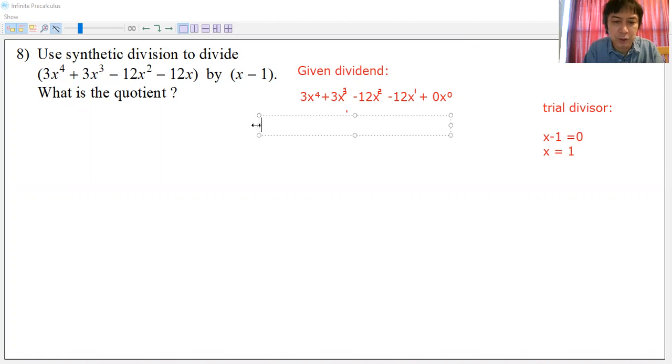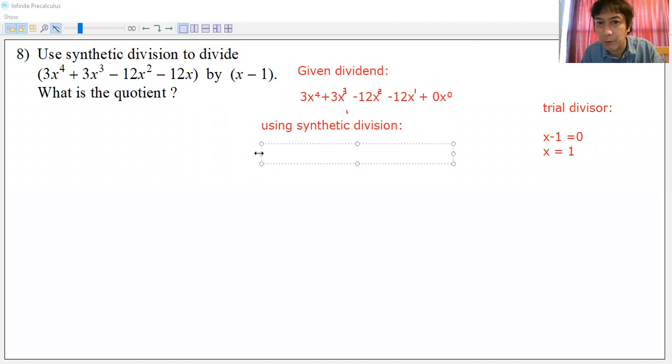So using synthetic division, we're going to gather the coefficients. For the x to the 4th, that's 3. For the x cubed, that's 3. For the x squared, it's negative 12. For the first degree, it's another negative 12.